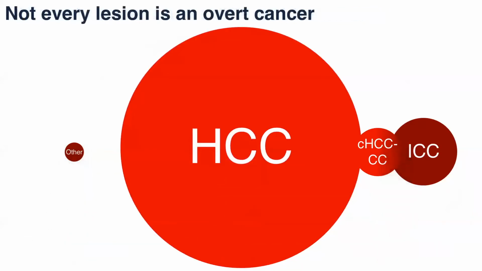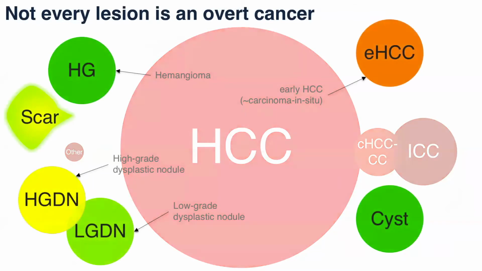But it's more complicated than that, because not every lesion in the cirrhotic liver is in fact an overt cancer. In addition to these cancers, we have hemangiomas, scars, high-grade dysplastic nodules, low-grade dysplastic nodules, early HCCs, which are sort of carcinoma in situ, and cysts.